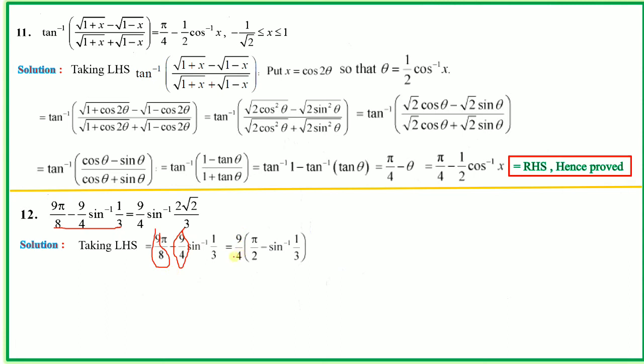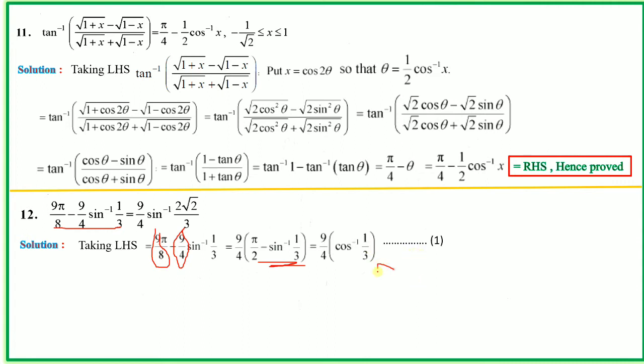So 9 by 4 outside, and pi by 2 minus sine inverse 1 by 3, which is equal to 9 by 4, since pi by 2 minus sine inverse x is equal to cos inverse x.